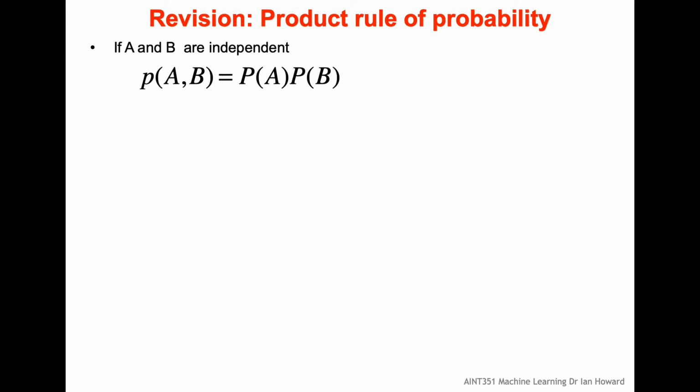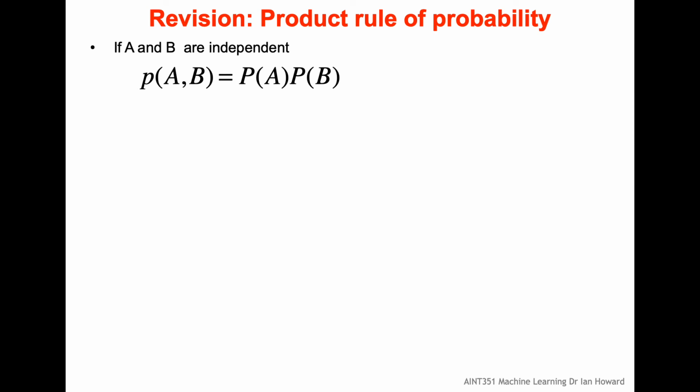So, another important result is that if we have two independent events, then the probability of A and B happening is the probability of A multiplied by the probability of B. So in other words, if I have a dice and I throw it, what's the probability of getting a 6, let's say? Well, it'll be 1 over 6, wouldn't it, if it's a fair dice. So what's the probability of getting a 6 twice?